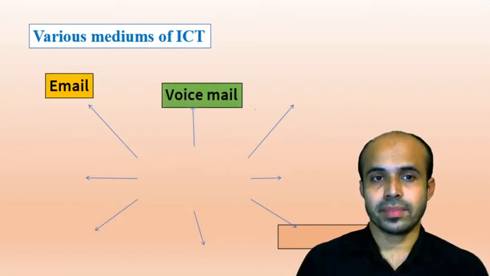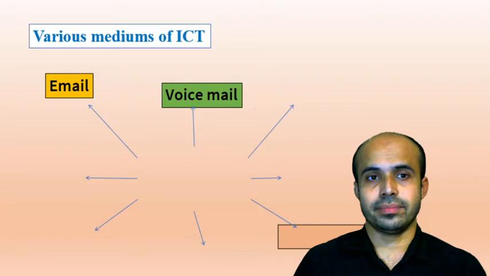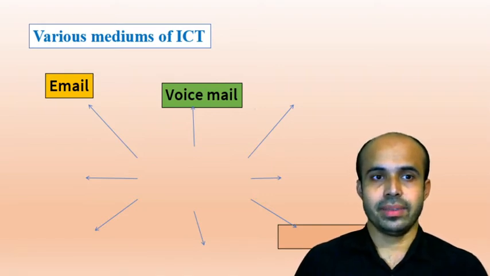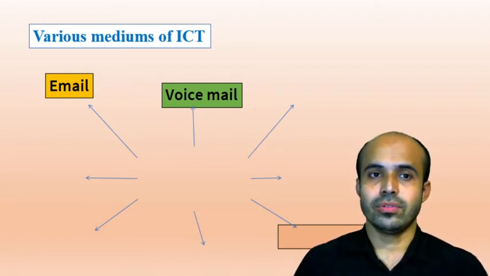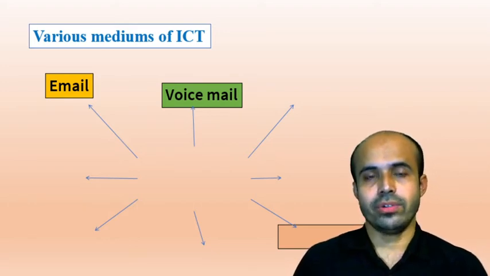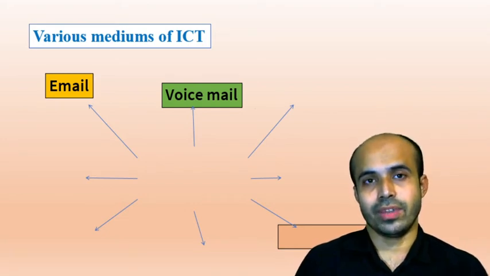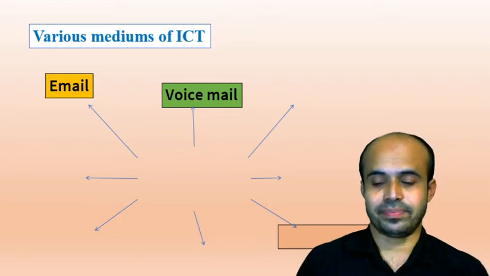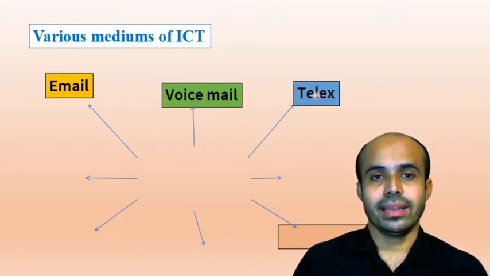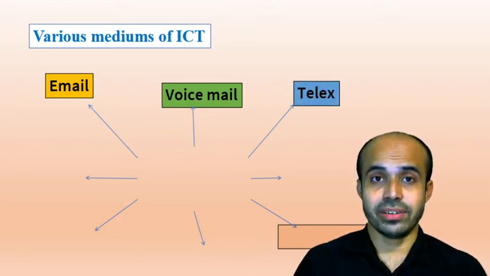Another is voicemail. You know what voicemail is. Same as email, but when we record audio, a voice, and then send it through an email address, it will be voicemail. Telex: telex is a machine which has a typing keyboard.